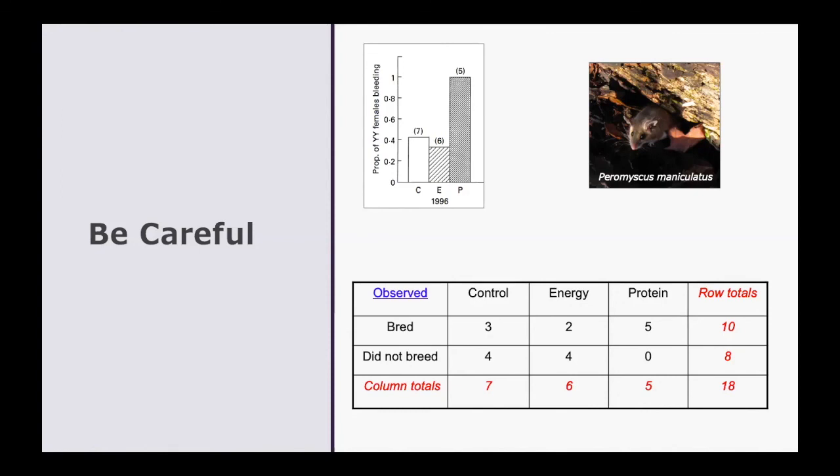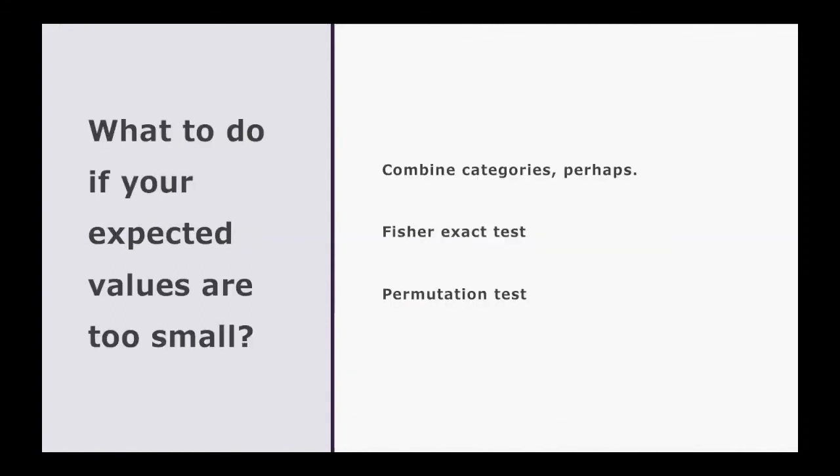And if we calculate the expected values for each of these 6 cells, you can see that in all 6 cases, the expected values are less than 5. So in this case, it would be not wise to proceed with a chi-squared contingency analysis.